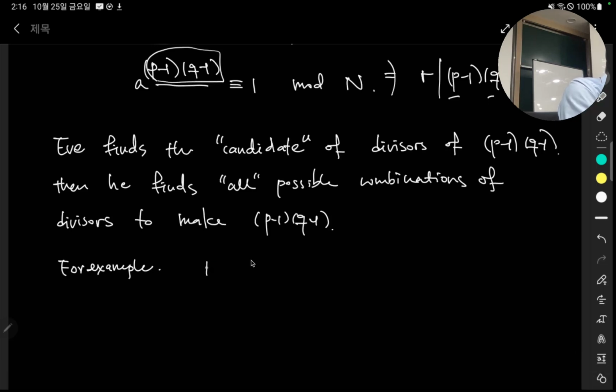Okay, so for example, suppose that Eve got the candidates of the period r equal to 2, 4, 49, 81, 9, and let's say 7. Okay, he did lots of experiments, and then he got these numbers.